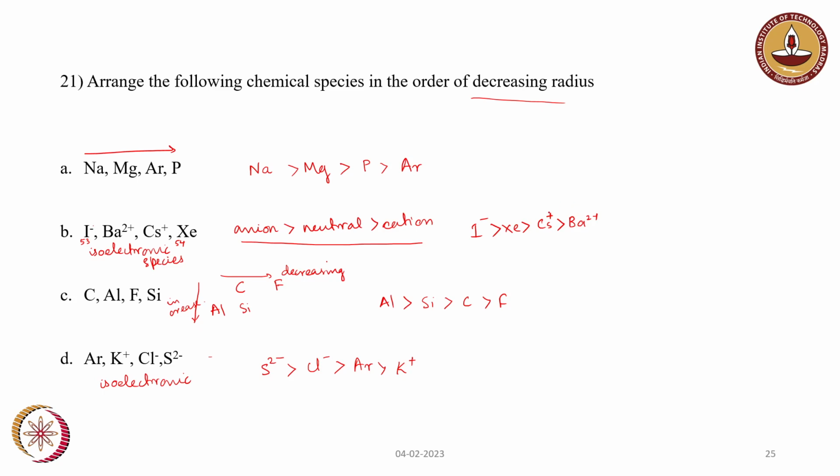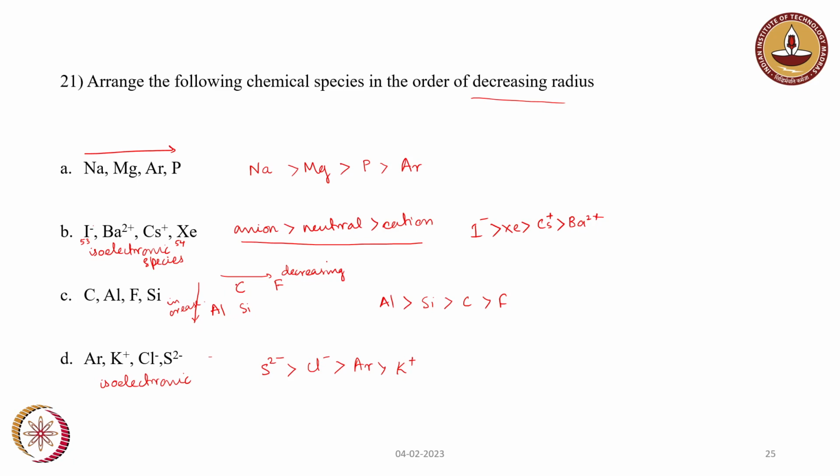We know that as the charge of cation increases, the size will be decreasing because of increase in effective nuclear charge. And the third one is carbon, aluminum, fluorine, and silicon. Carbon and fluorine are in the same period, and aluminum and silicon in the same period. Different, but same period.